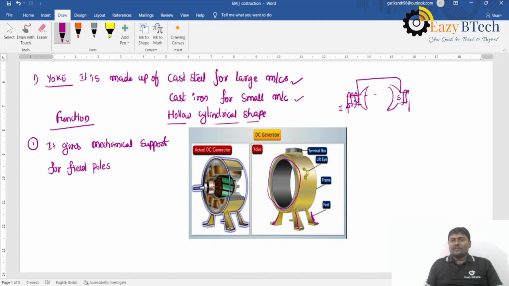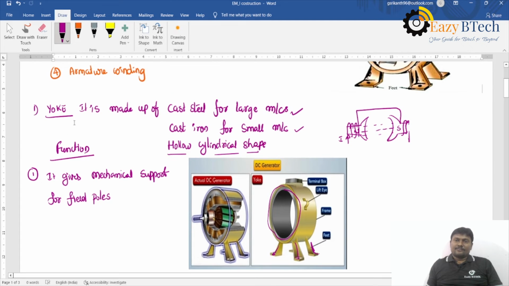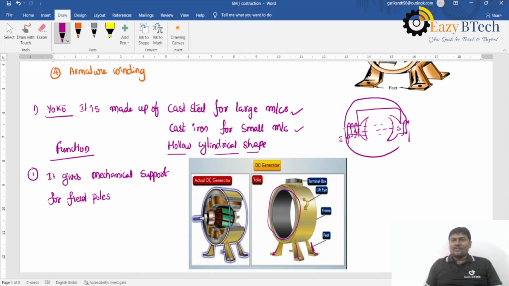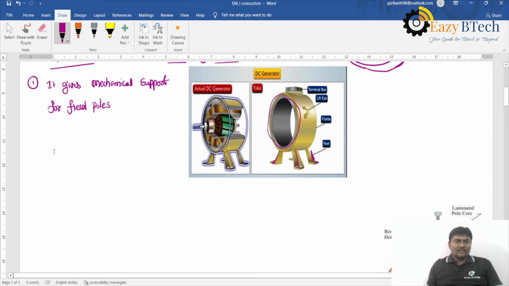This field winding is excited with DC, and it will produce a magnetic field. These field poles are attached to the yoke, the outer part, with the help of bolts or welded to the yoke.